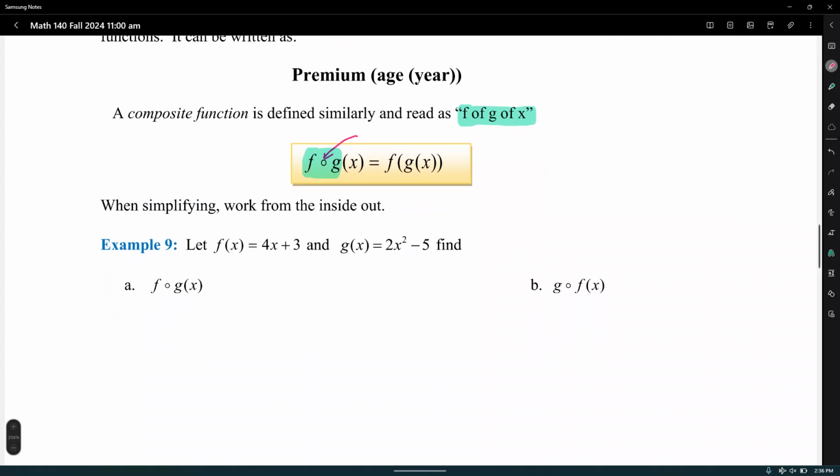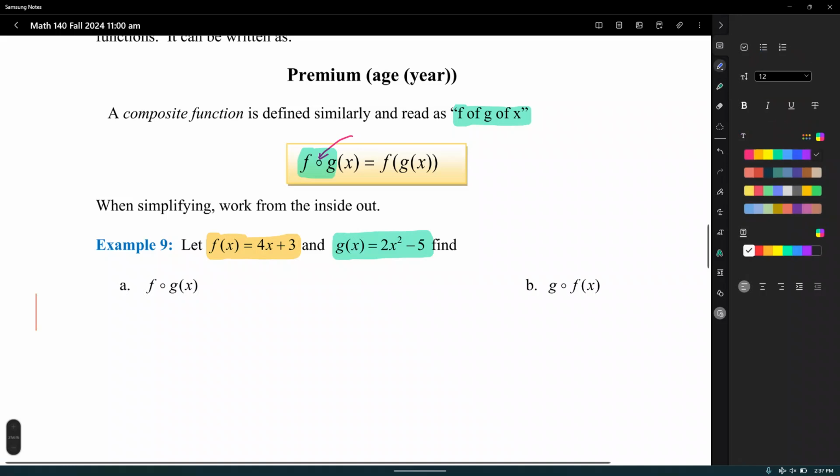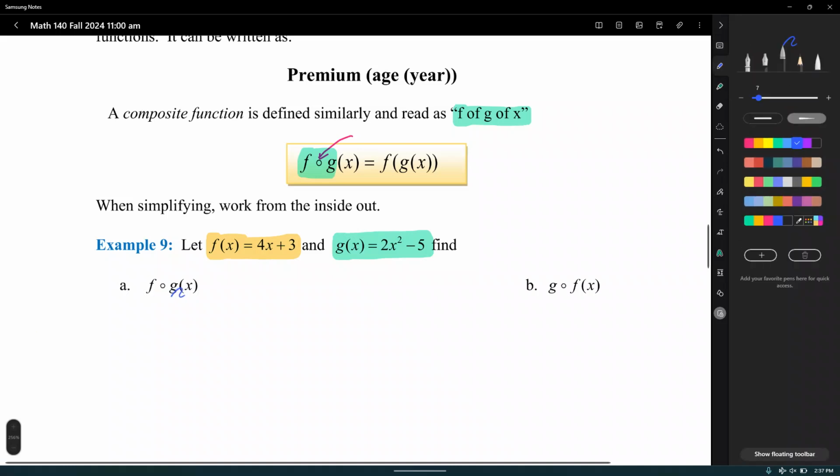For instance, let's have a look at one example and describe how we do these compositions. Number one, let f of x equal 4x plus 3 and g of x equal 2x squared minus 5. They're asking us to find the compositions f circle g, that is f composite with g, and g composite with f.